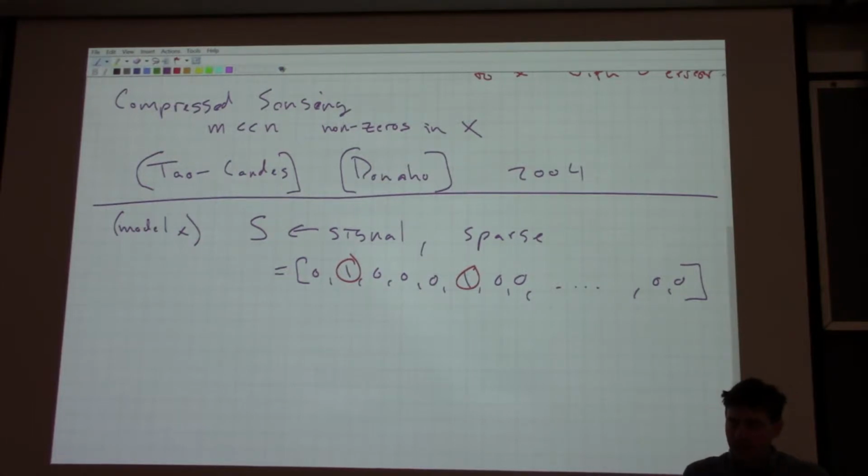So in order to access the signal, I'm going to have some measurements. Okay, and so this measurement is going to be a matrix.